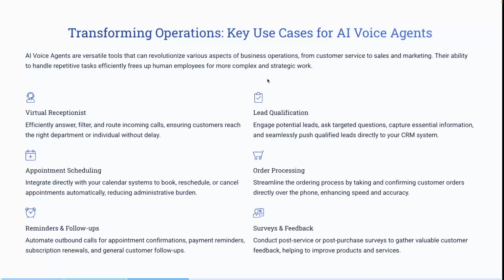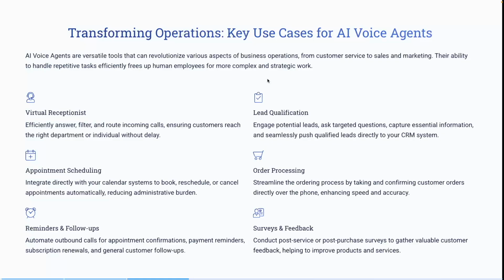So these are the key use cases of AI voice agents, right? Virtual receptionist, lead qualification. Virtual receptionist is for inbound calls. You have a receptionist who can receive calls, answer trivial questions and transfer, right? So that can be done by a virtual receptionist.